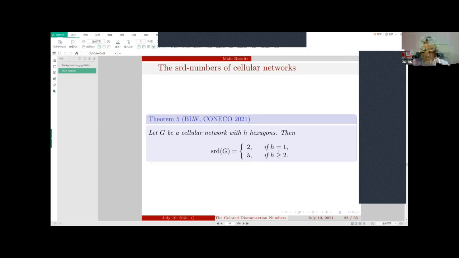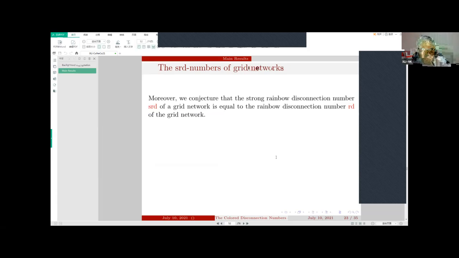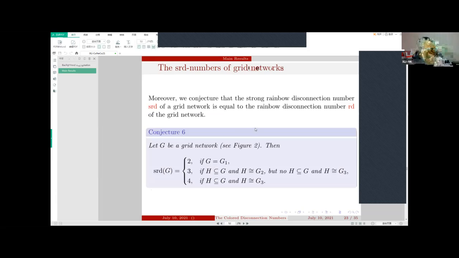If it has at least 2 hexagons, the number is 3. For the grid network, we conjecture it is the same, but we cannot give a strict proof. That means we need a very rigorous proof, but now we haven't, so we have to work on it.